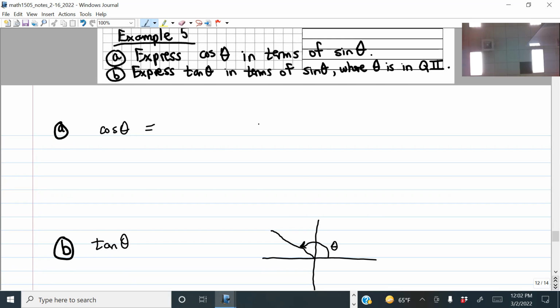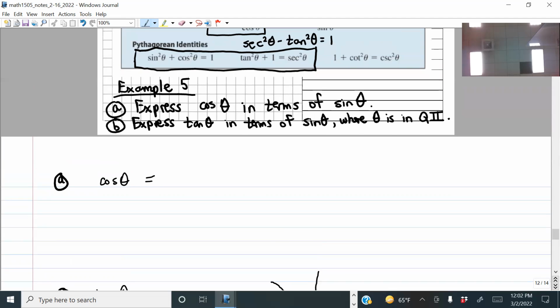How can we do that? I think we can use this identity: take sine squared theta plus cosine squared theta equals 1 and solve that for cosine.